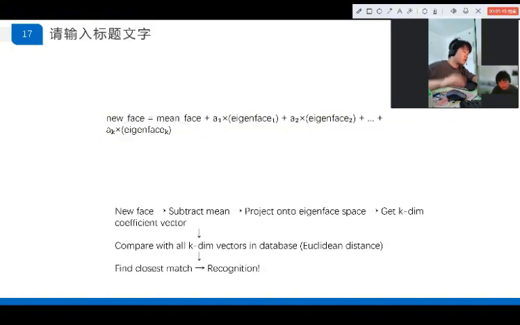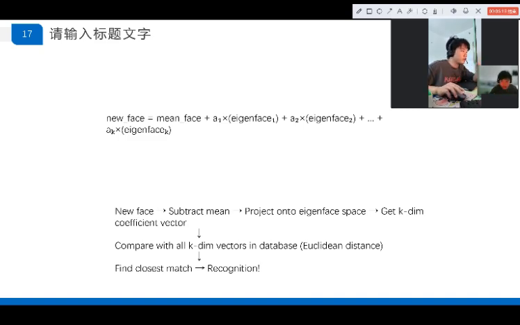So this is the original formula: new face equals mean face plus this one. If we get a new face, first of all we need to subtract the mean face and project onto the eigenspace, and we get the k-dimensional coefficient vector.